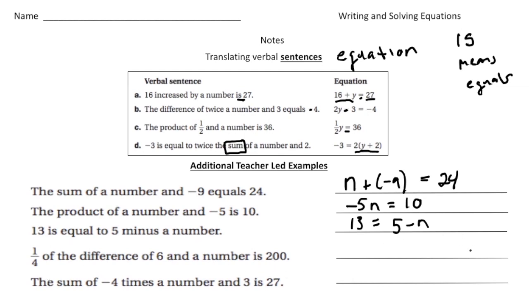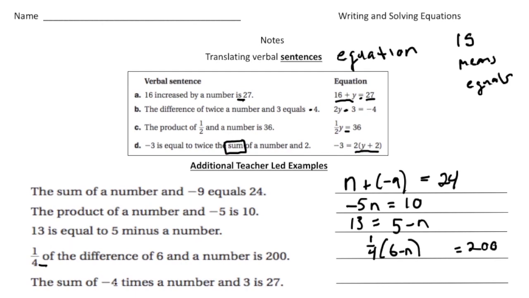Well, we know is 200 is going to be equals 200. Then 1/4 of the difference of 6 and a number. So the difference of 6 and a number is going to be 6 minus n, but we want 1/4 of that. Now remember, of in math means multiplication. So it's going to be 1/4 times 6 minus n equals 200.